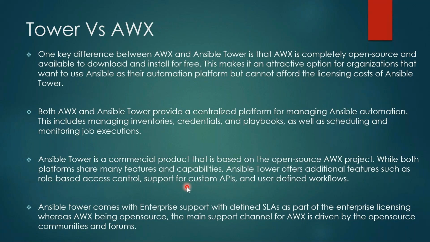And also it supports custom APIs and user-defined workflows. So this is the difference between AWX and Ansible Tower. Ansible Tower has these three additional features. The remaining is the same as AWX. And also Ansible Tower comes with enterprise support with defined SLAs as part of the enterprise licensing.